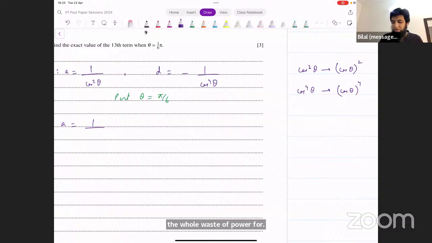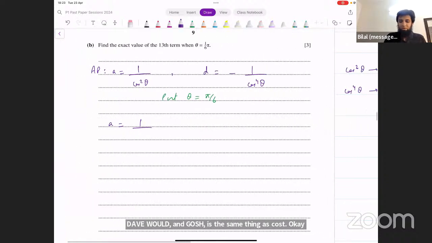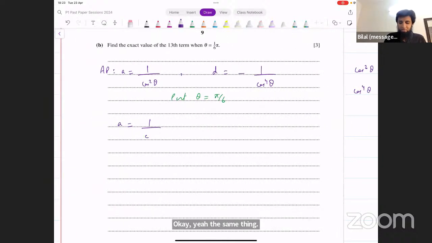And cos raised to power 4 theta is the same thing as cos theta whole raised to power 4. Okay, they're the same thing. So what do we do here now? We say it's cos of pi over 6 whole squared. And this is minus 1 over cos of pi over 6 whole raised to power 4.